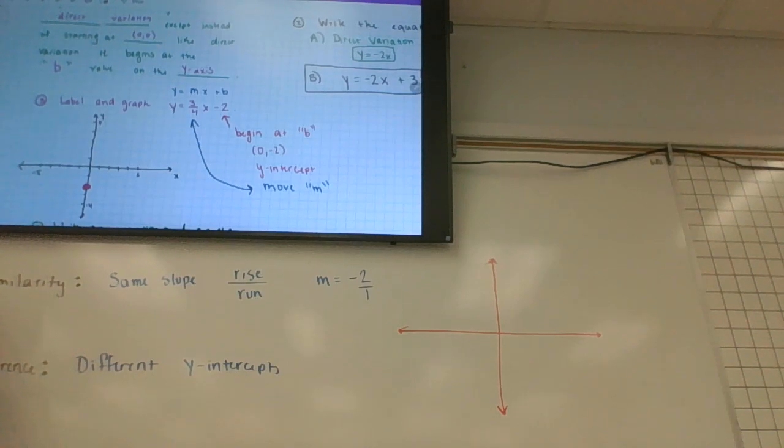So our m value is 3/4, so we're going to rise 3 and run 4. Count up 3 over 4, up 3 over 4.